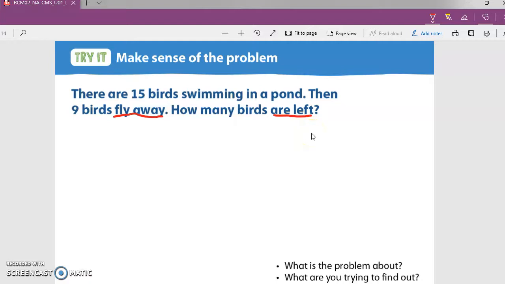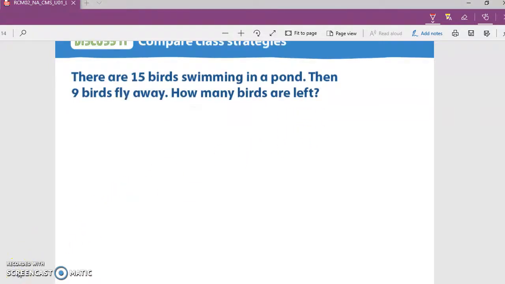So there are 15 birds swimming in a pond. Then 9 birds fly away. How many birds are left? I would like you to pause the video and try solving this problem. All right, so let's explore some of the ways that we could solve this.